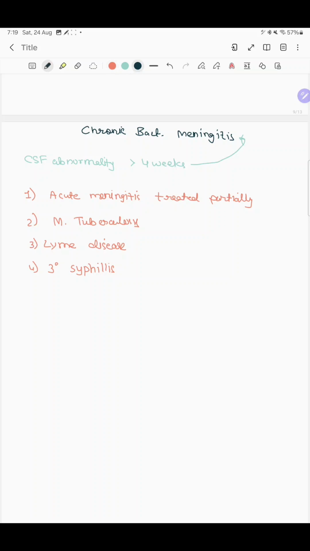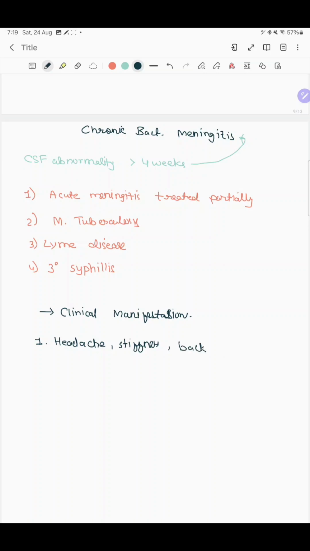Now, what are the clinical manifestations which are seen? Headache, stiffness, back or neck pain.